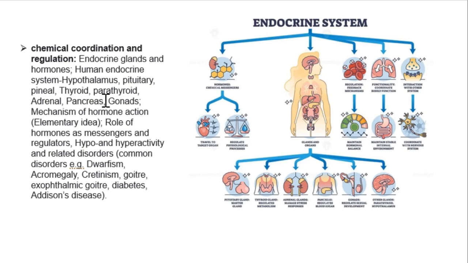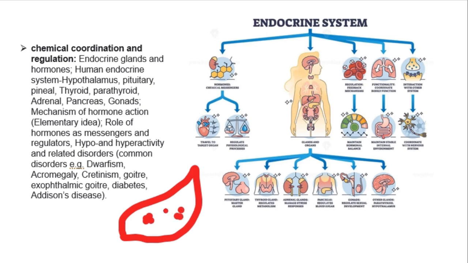Pancreas is not actually an endocrine gland, but an exocrine gland. But inside the pancreas, there is a part called the islets of Langerhans. This secretes the insulin, right?